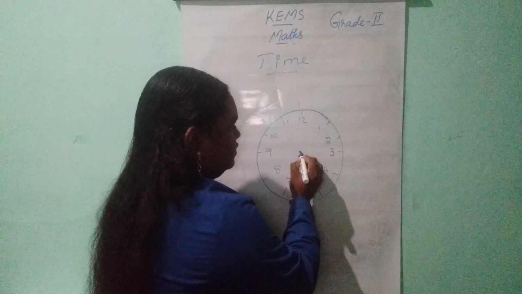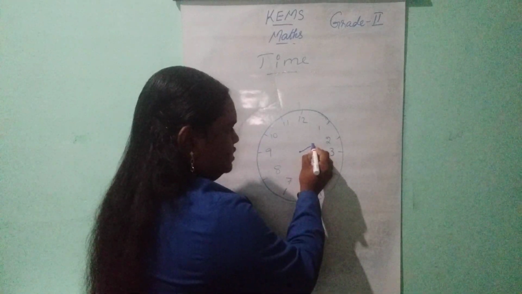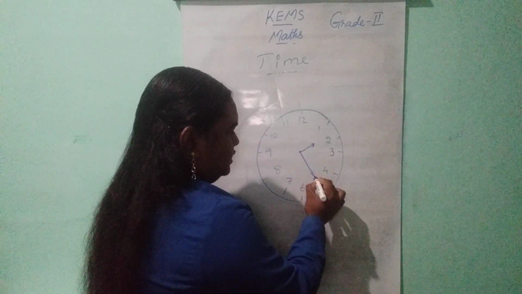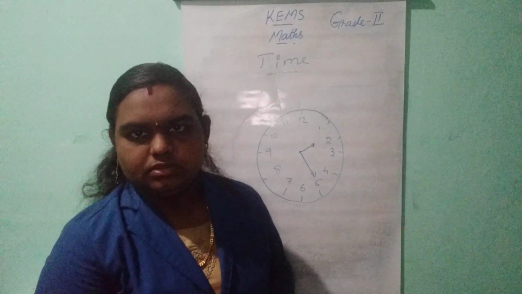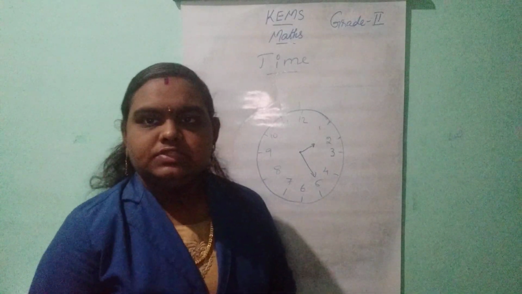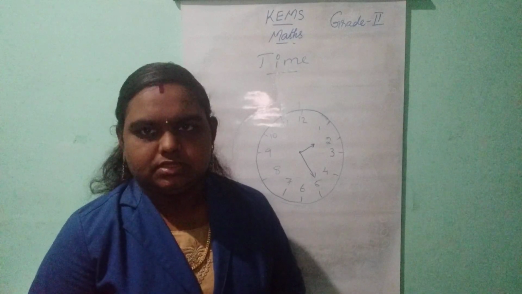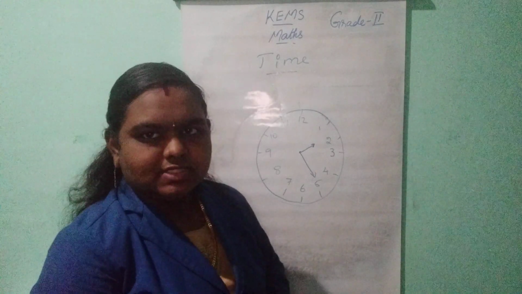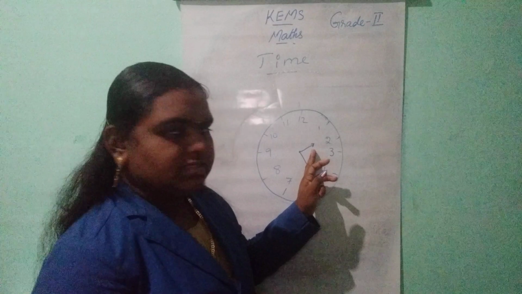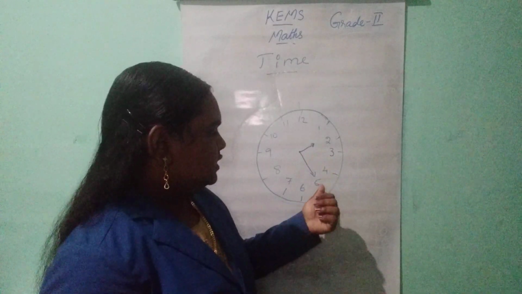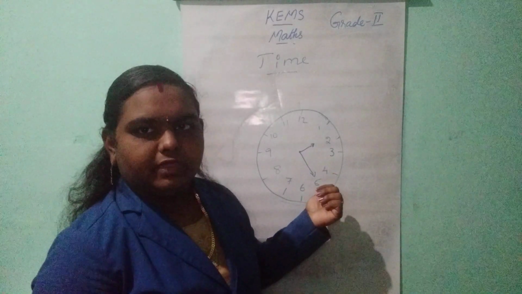Now, this is the short hand and this is the long hand. First we have to take the short hand. Where is the short hand present? The short hand is at number 2. Then the long hand is at number 5.